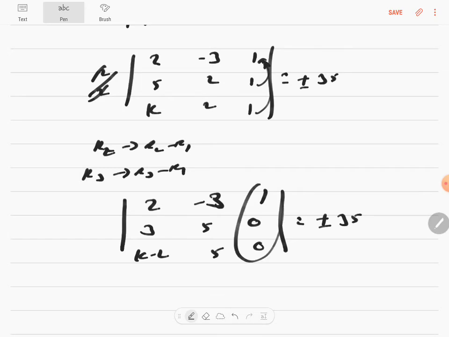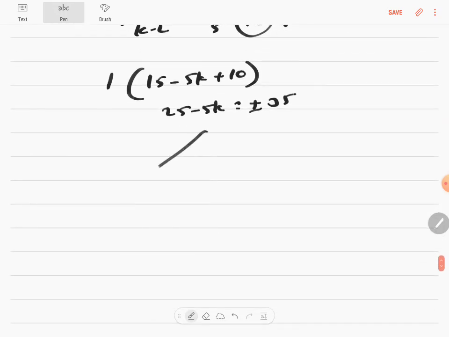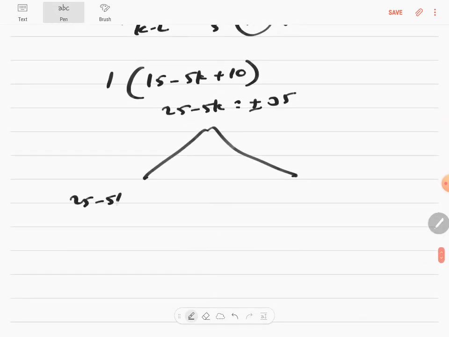I can expand along this to do the determinants. It's 1 into (5 threes are 15 minus 5k plus 10), which is 25 minus 5k, is equal to plus or minus 35. Never forget that. So 25 minus 5k is equal to plus 35, and 25 minus 5k is equal to minus 35. So minus 10 is equal to 5k and k is equal to minus 2 is one answer.